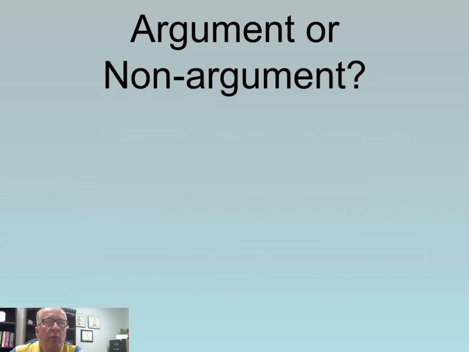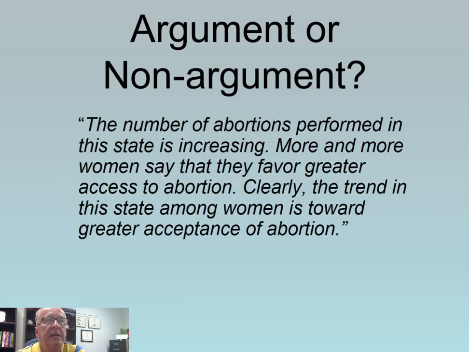Now, the number of abortions performed in the state is increasing. More and more women say that they favor greater access to abortion. Clearly, the trend in the state among women is toward greater acceptance of abortion. Now, this is an argument because there's a clear conclusion. The conclusion is the trend in the state among women is toward greater acceptance of abortion.